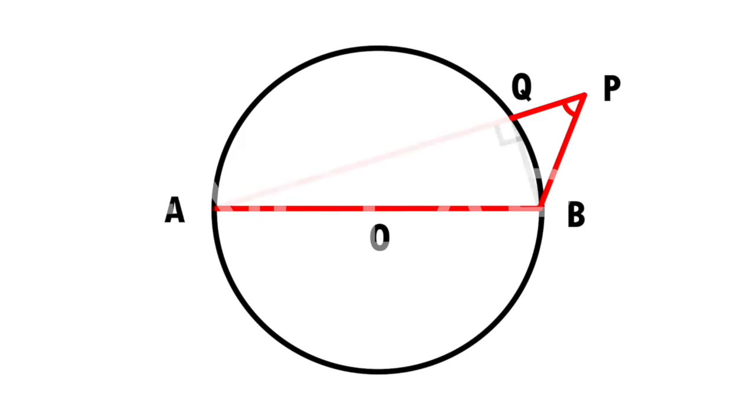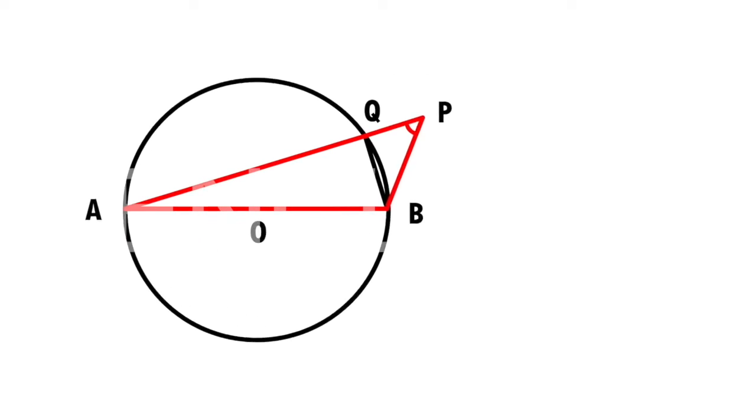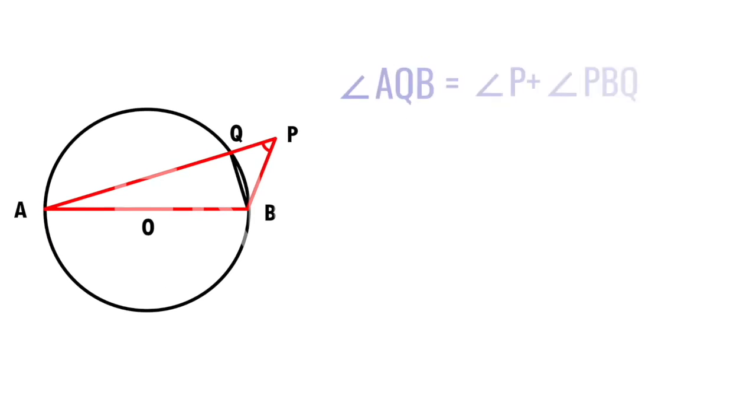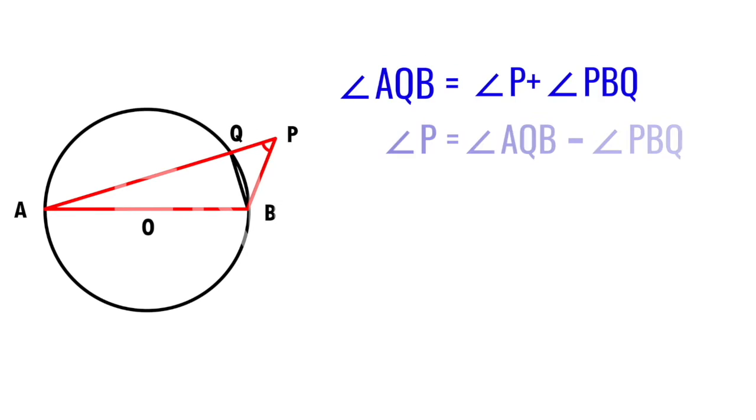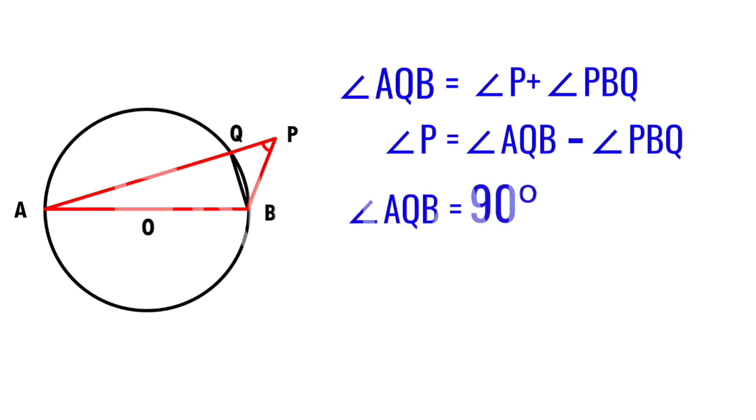We know that AQB is the external angle of the triangle PBQ. Again, the external angle of a triangle is always the sum of the two opposite internal angles. That is, angle AQB is equal to angle P plus angle PBQ. So angle P is equal to angle AQB minus angle PBQ, where angle AQB is 90 degrees.